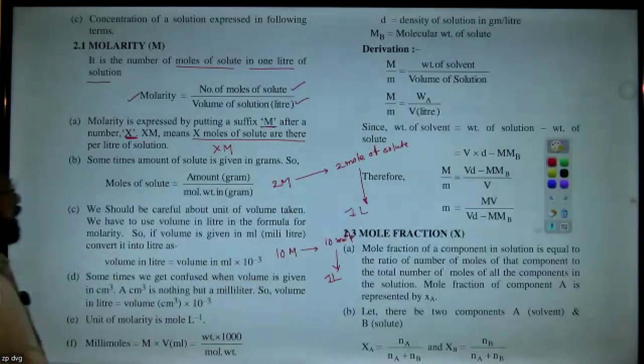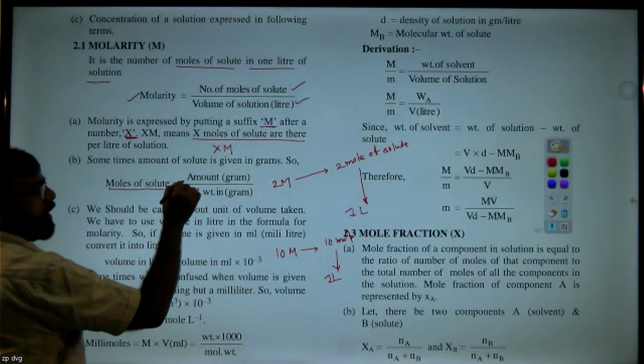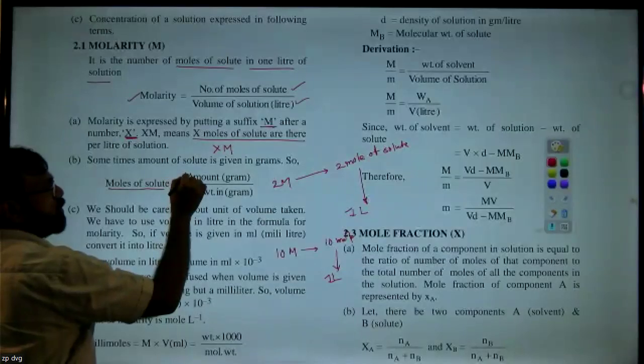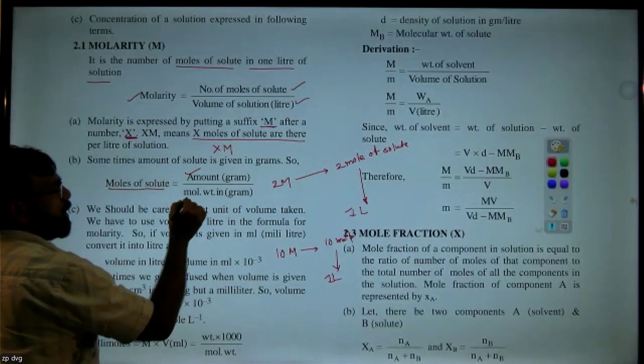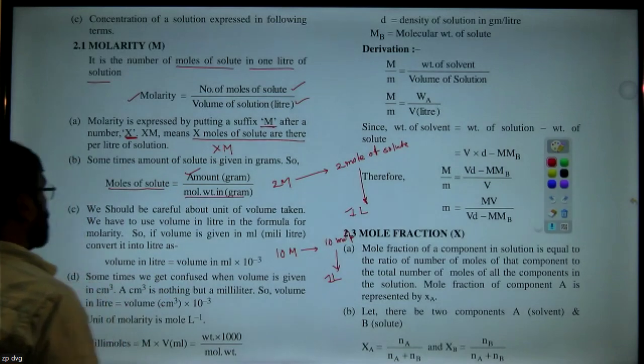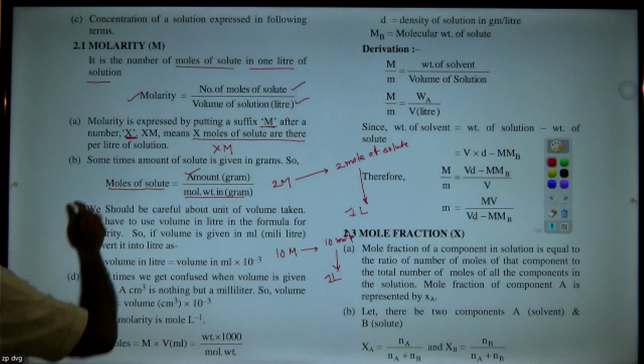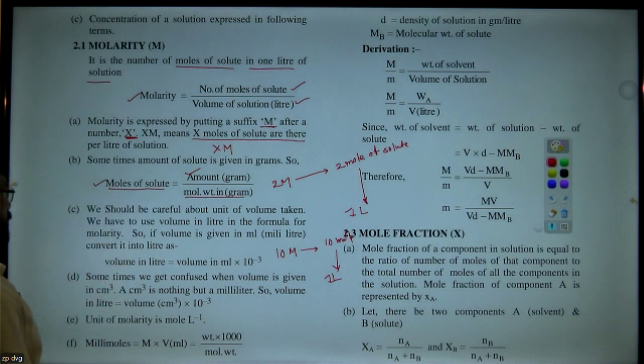To calculate the number of moles, what formula do we have? Number of moles is given weight divided by molecular weight, gram molecular weight.